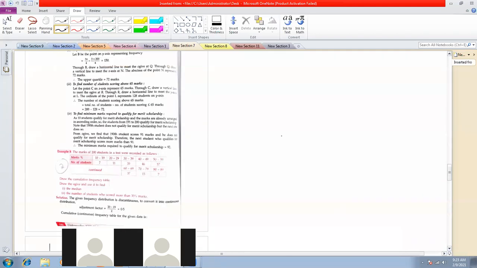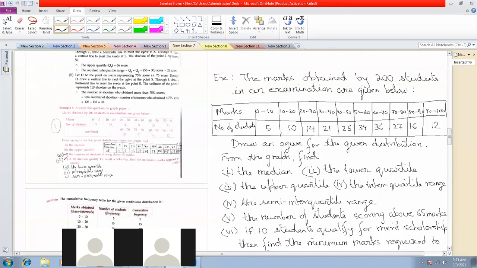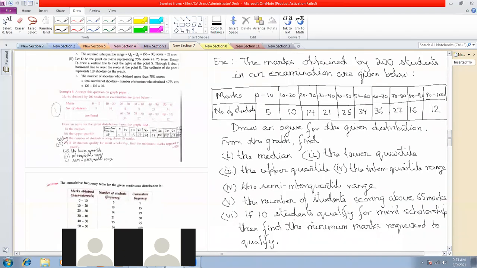The marks obtained by 200 students in an examination are given below, and this is the distribution of marks. You see that this frequency distribution given to you contains class intervals. Therefore, we have to use an ogive for this. We have to use graph paper in order to find the median.